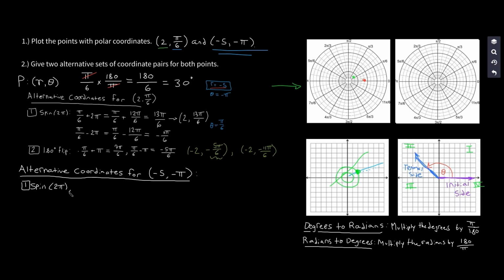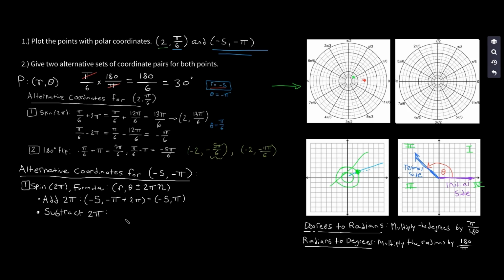So we can actually come up with a formula for this. Now that we've done it once, when we do it again we'll just refer to this formula. Now we can apply this formula to -5, -pi. So we'll add 2 pi. If we add 2 pi to -pi, we end up with pi, so our coordinates are -5, pi.